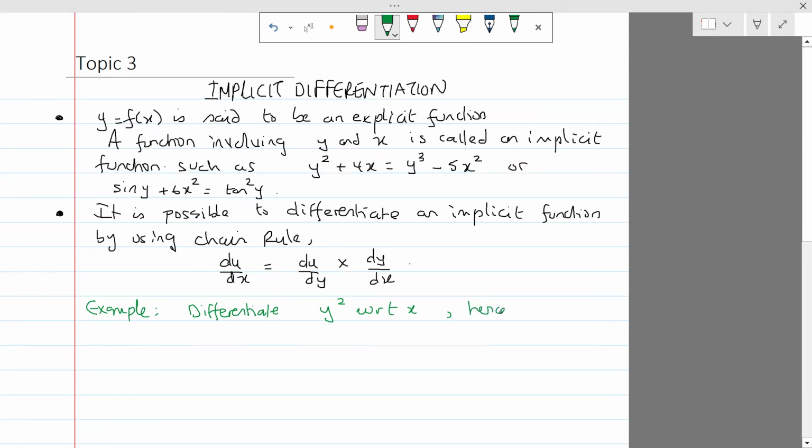Say u equals y squared. What is du by dy? This becomes 2y. Hence, the differentiation of y squared with respect to x, by using the chain rule above, becomes 2y times dy by dx.